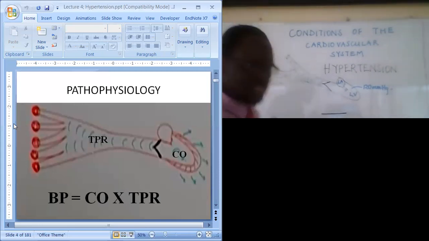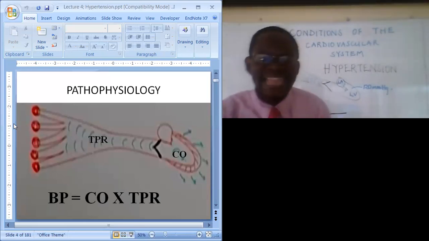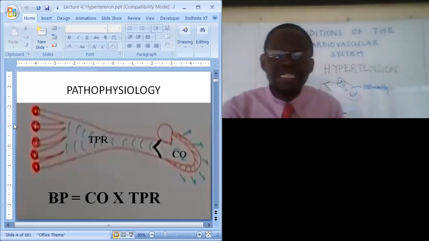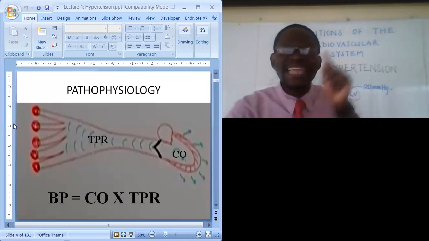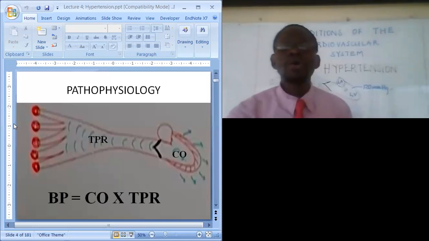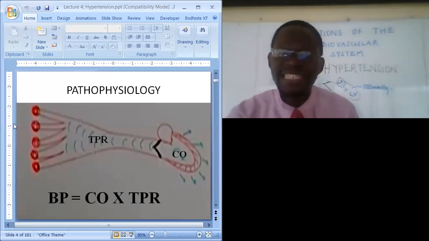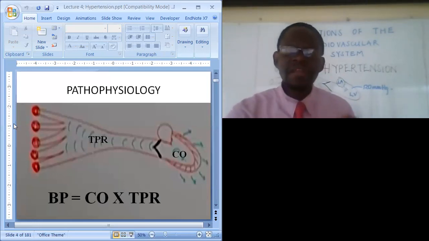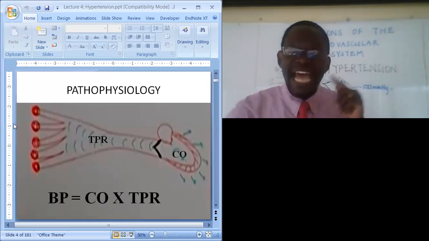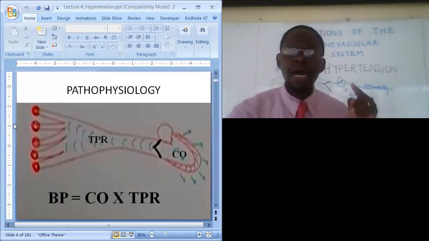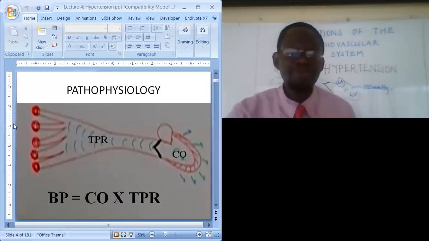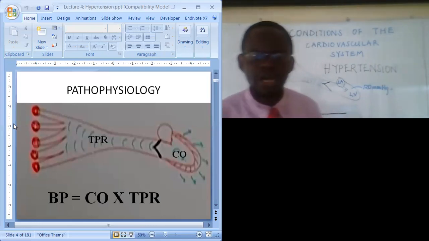So the point to take home is that the cardiac output determines the systolic part of blood pressure, while the total peripheral resistance determines the diastolic part of blood pressure.